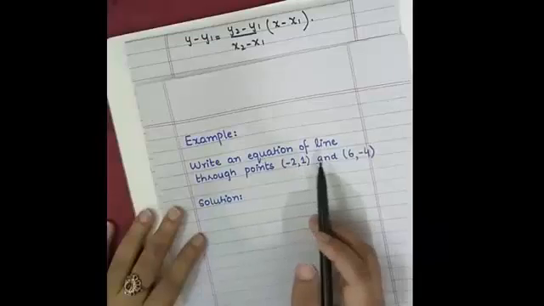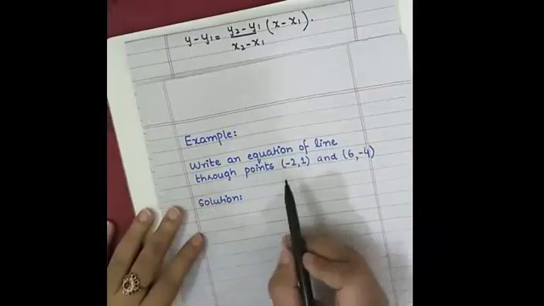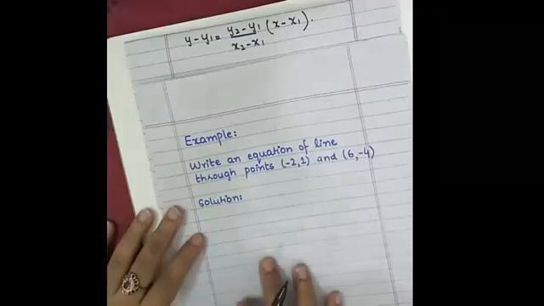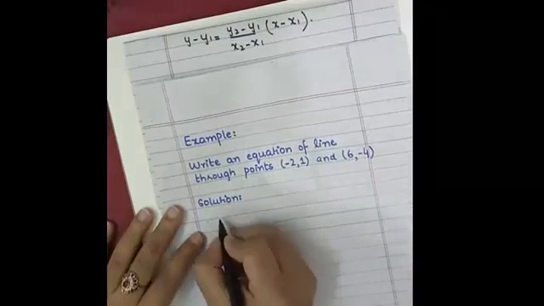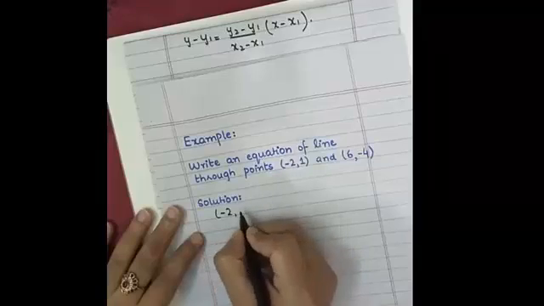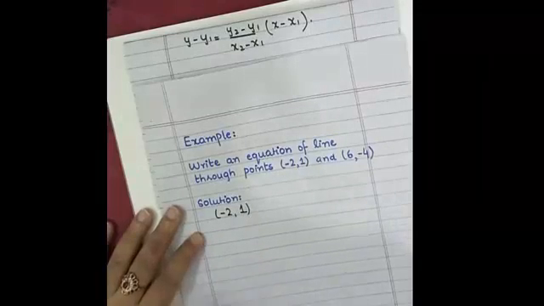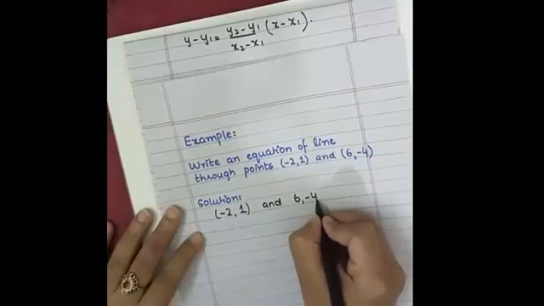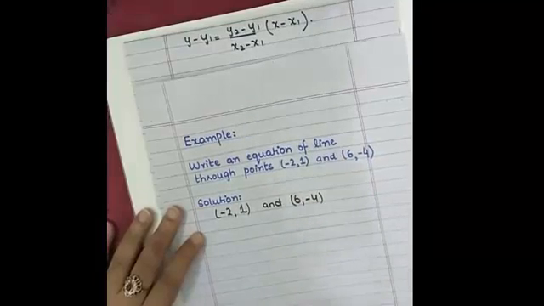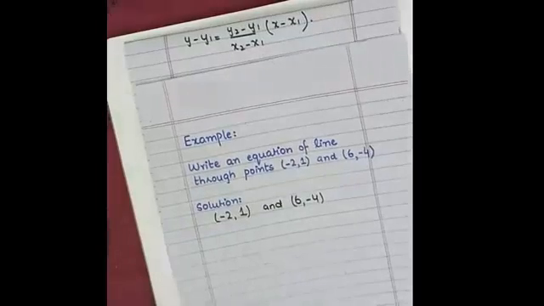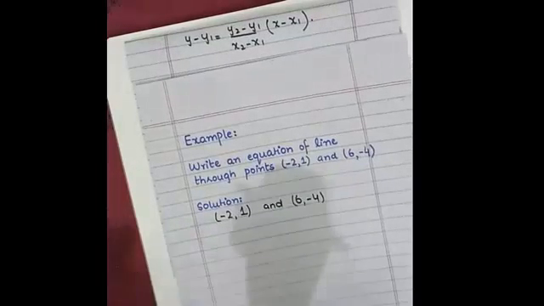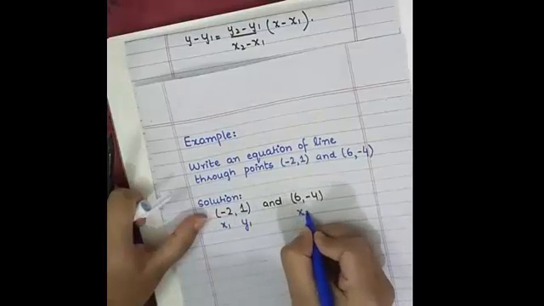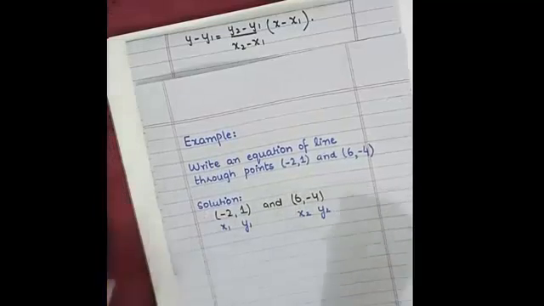Write an equation of the line through points (minus 2, 1) and (6, minus 4). So we have 2 points, minus 2, 1 and 6, minus 4. Let us label this as x1, y1 and this as x2, y2.